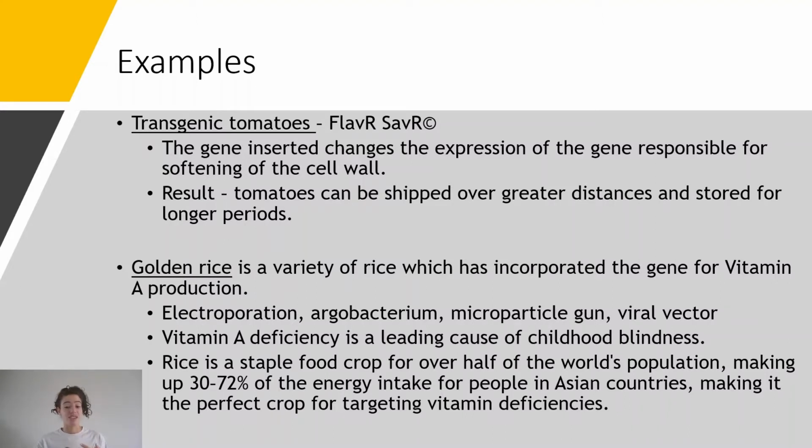Vitamin A deficiency is a leading cause of childhood blindness, and because rice is a staple food crop for over half of the world's population, and making up 30 to 72% of the energy intake for people in Asian countries, this is the perfect crop for targeting vitamin deficiency. So that's why this gene to produce vitamin A in rice was developed, and that means that there's less vitamin A deficiency, and that means that there would be less childhood blindness.